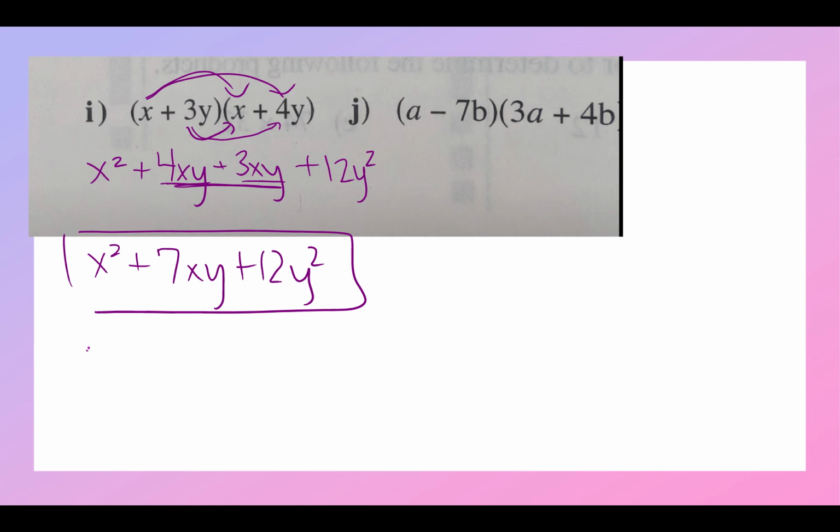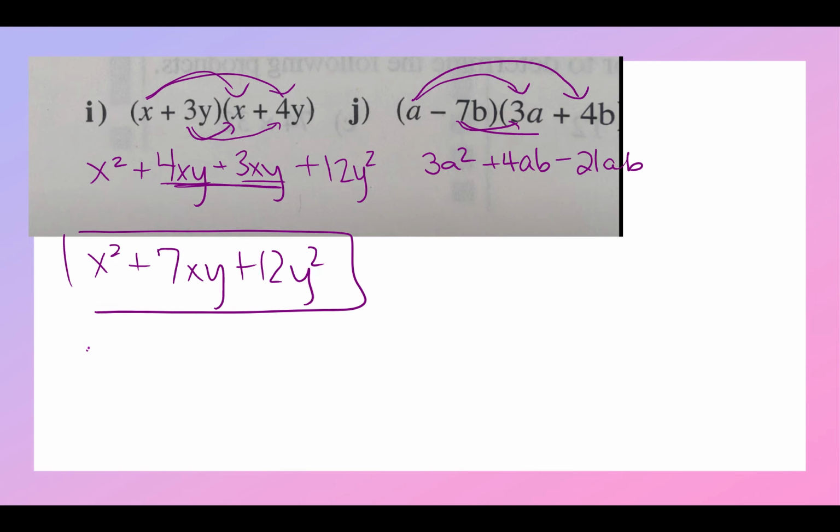And our very last one, again, doing the same thing, making it a little bit harder, having 2 variables and having a negative. So let's follow FOIL. First, a times 3a gives you 3a squared. Then a times 4b will be 4ab. Then we'll have a negative 7b times 3 will give you negative 21ab.